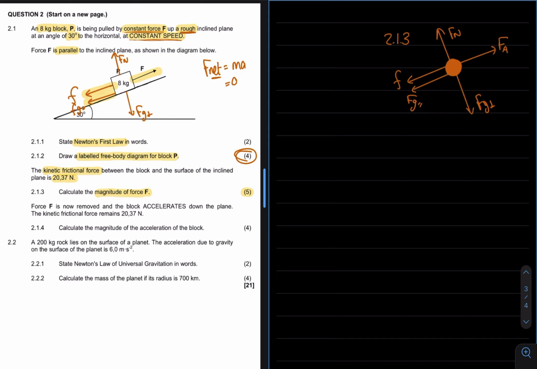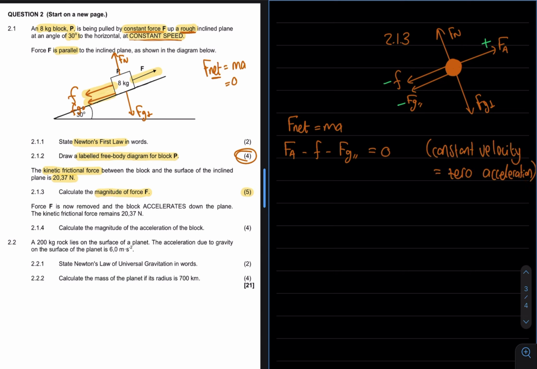We can now simply apply Newton's second law, saying F net is equal to ma, and look at the net forces working in the direction of motion. Seeing as we are moving upward, I have applied force positive and the forces in the opposite direction of motion negative. Seeing as we have a constant velocity, we have 0 acceleration.